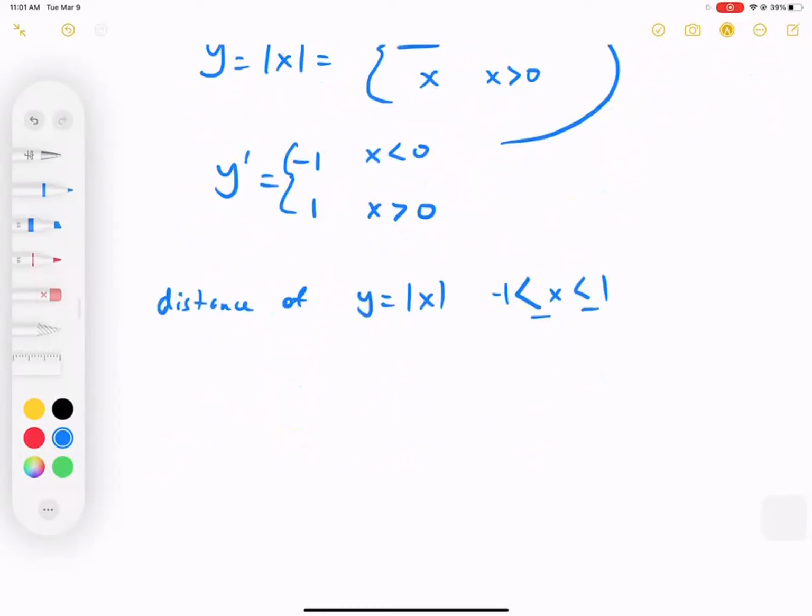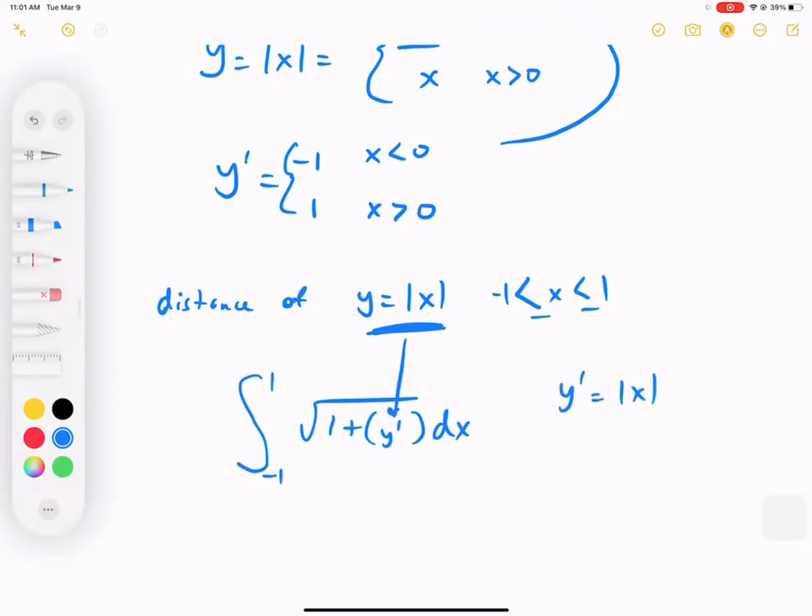To find our distance here, let's go ahead and plug it in. We're stuck with square root of 1 plus, what is the derivative? What's y prime? And what's the y prime of absolute value of x? I don't know.